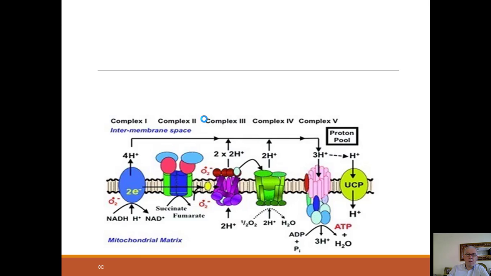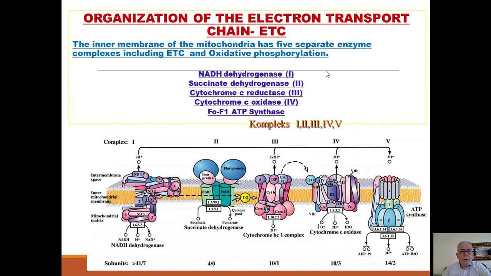And now, the organization of the electron transport chain. The inner membrane of the mitochondria has 5 different enzyme complexes, including the electron transport chain and oxidative phosphorylation: NADH dehydrogenase complex 1, succinate dehydrogenase complex 2, cytochrome c reductase complex 3, and cytochrome c oxidase are components of the electron transport chain, and F0 and F1 ATP synthase is responsible for ATP synthesis.